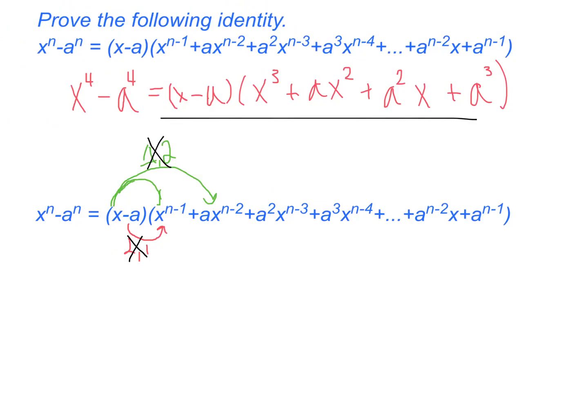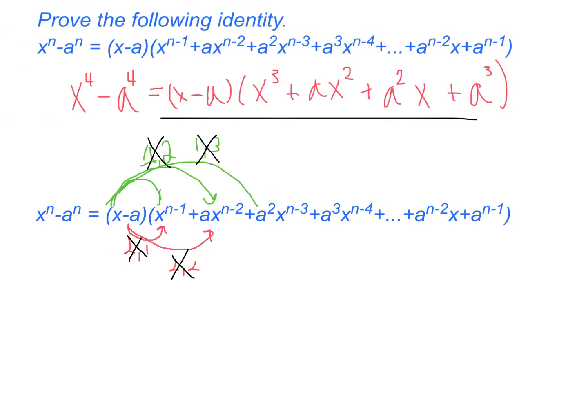And this is going to continue happening. When I multiply the first term in my binomial by the third term, that's going to cancel with the second term in my binomial times the second term. Okay? All right. And so you're starting to notice this pattern.